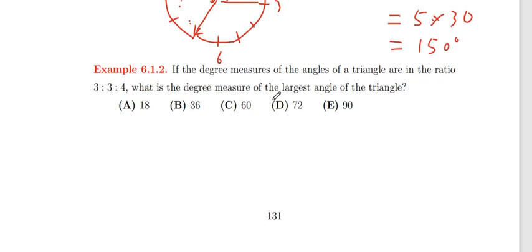Okay, so there's a problem. If the angles of a triangle are in ratio 3, 3, 4, then what is the largest one? So we say the angles are 3x, 3x, and 4x. Then add them together, this equals 180.